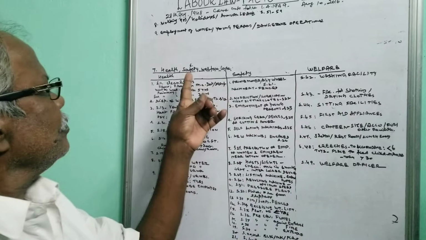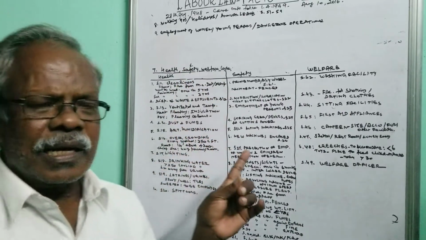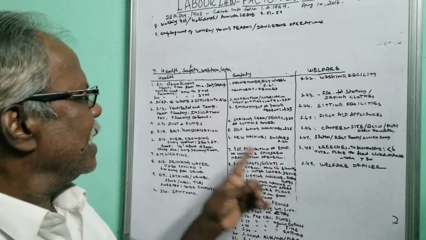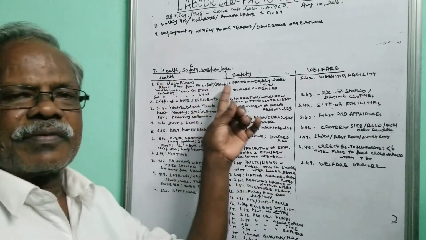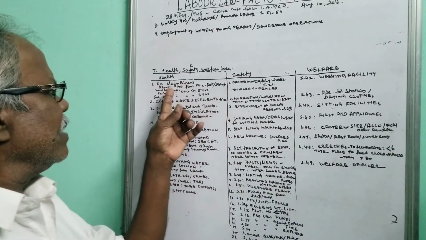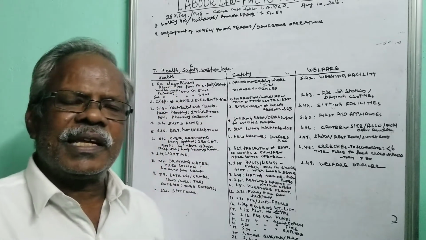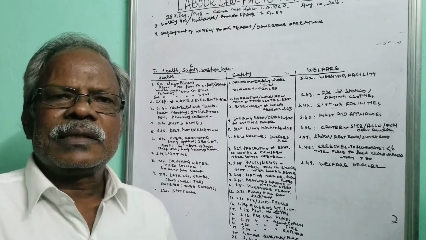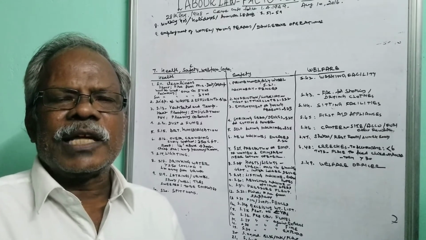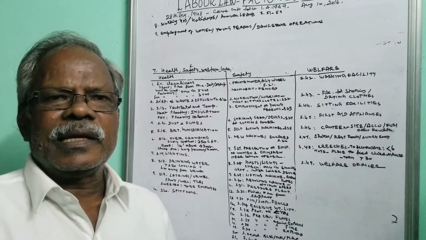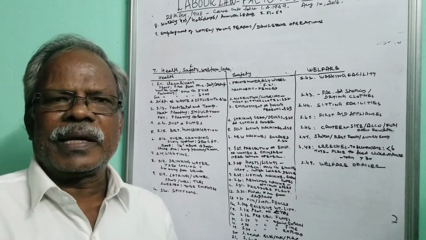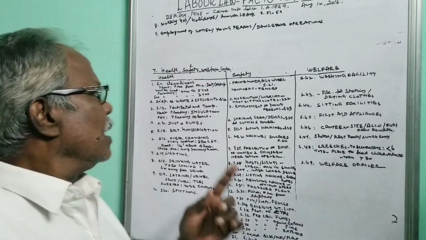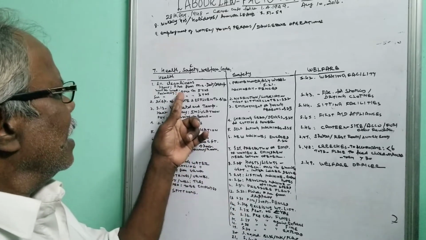First we will see the health. Sections 11 to 49 speak about health, safety, welfare. Section 11 says about the cleanliness of the floor. The floor should be thoroughly kept clean, and there should not be any oil on the floor, because the laborers may slip down.